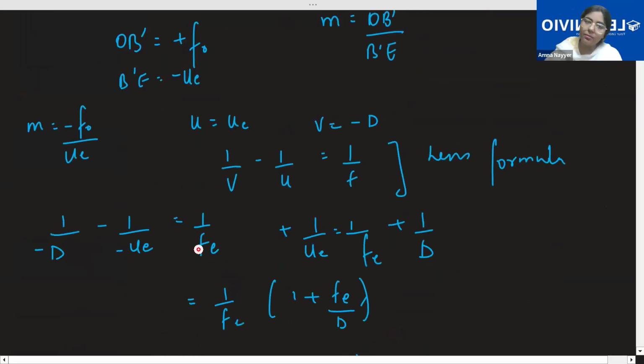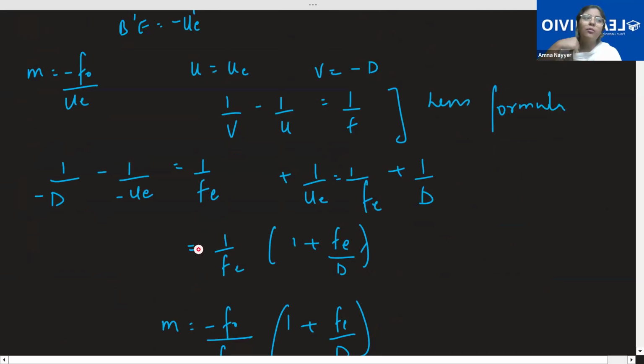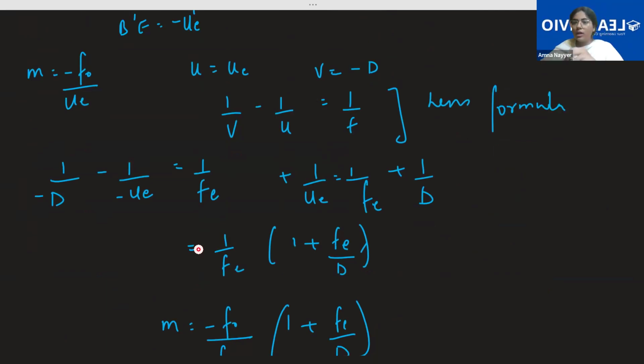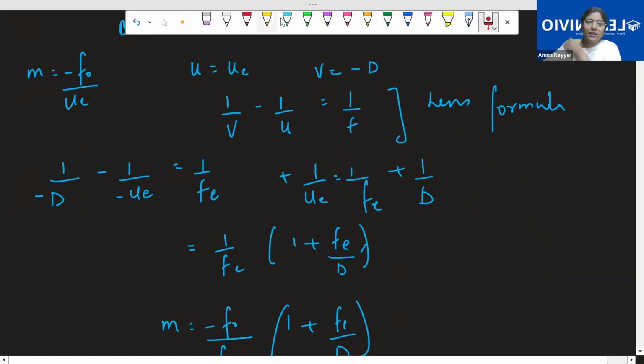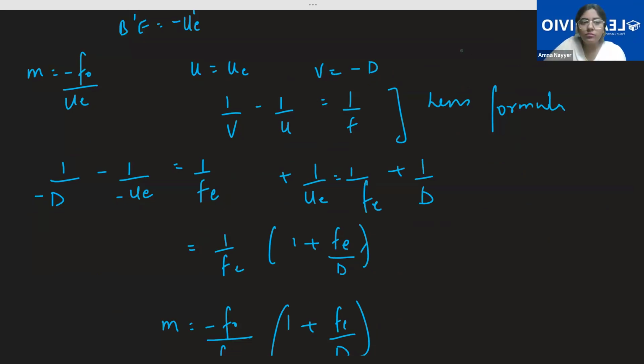Now again, the problem comes with Uₑ. We try to avoid these U, V and all. We try to put the focal lengths in our calculations. So magnification is equal to minus f₀/Uₑ presently. Now we'll put our lens formula, so sign convention will come along.